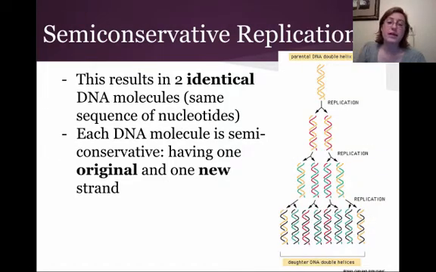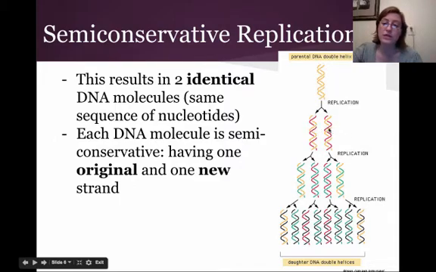This form of replication is known as semi-conservative because we know we get two identical DNA molecules here, but they are semi-conservative in the sense that semi means half and conserve means to save. If you look at the coloring here, you see the parent DNA is represented by yellow. When that split happens and we build two new identical DNA molecules, half of each molecule is still from the original parent DNA.